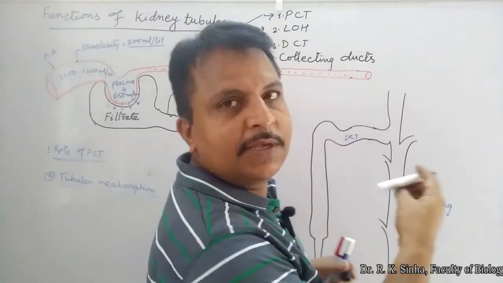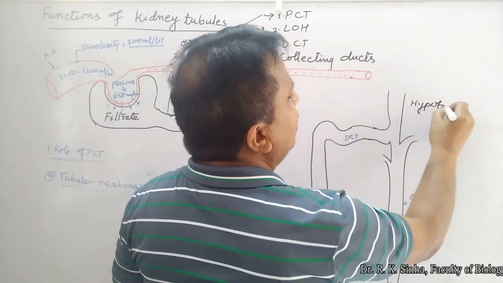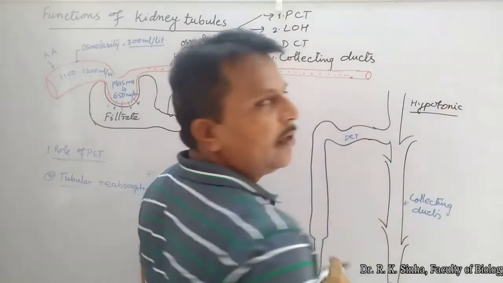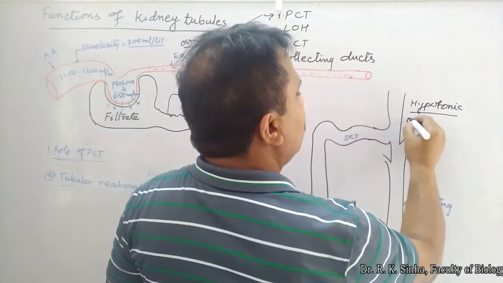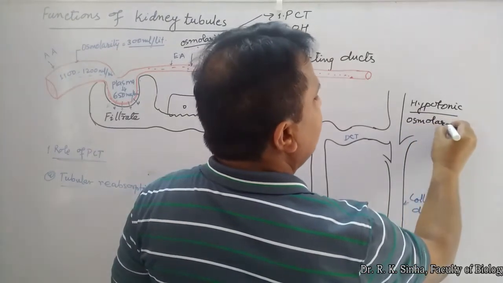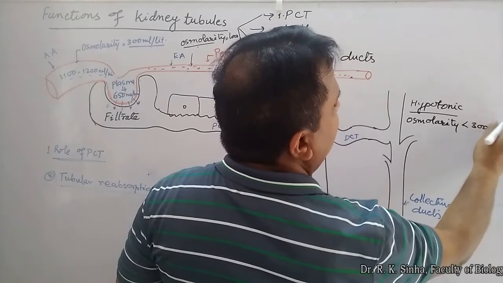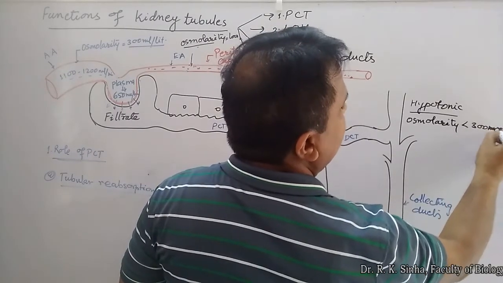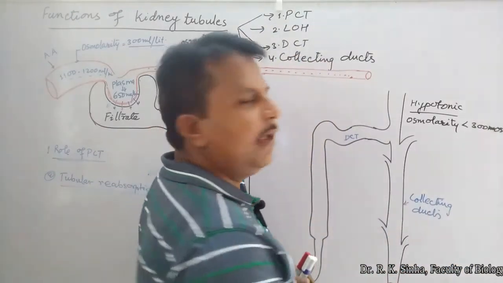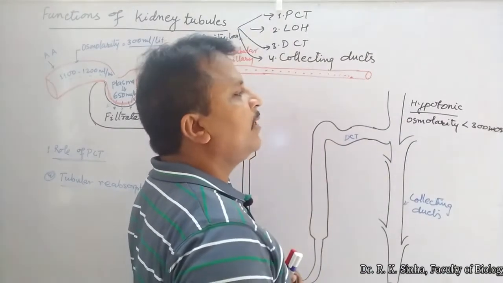Hypotonic means osmolarity less than 300 milliosmol per liter.